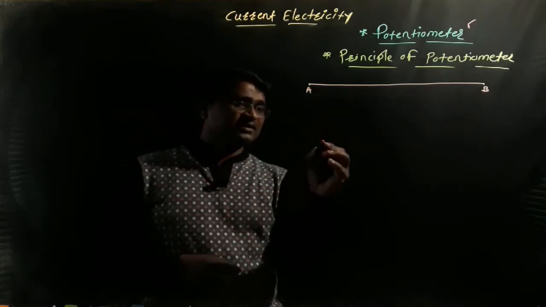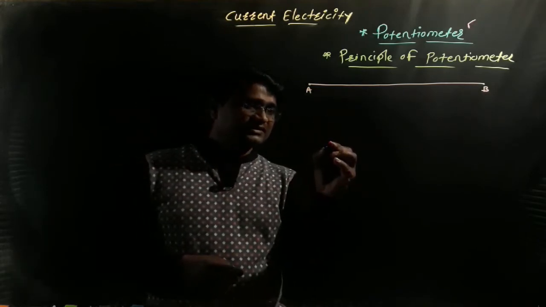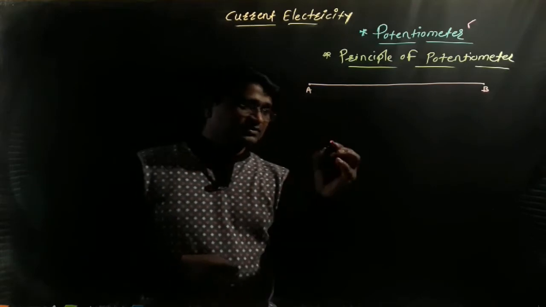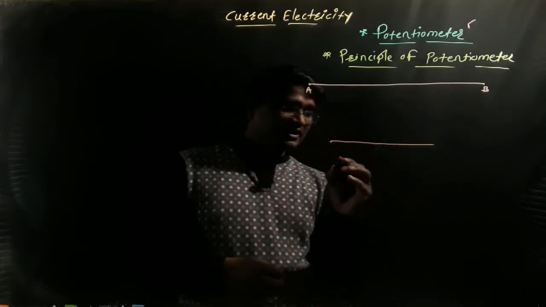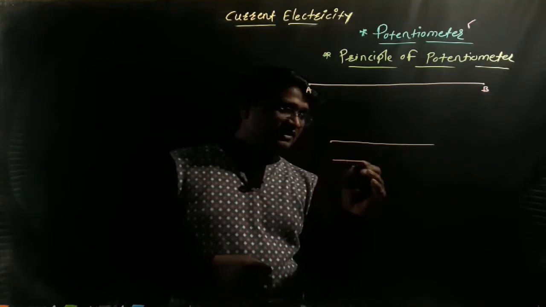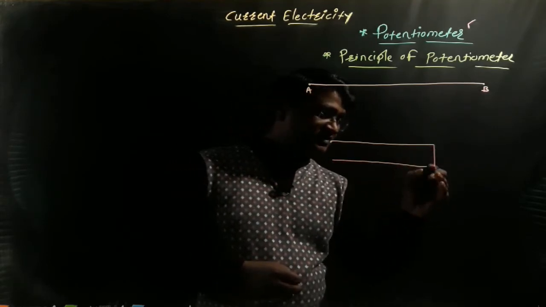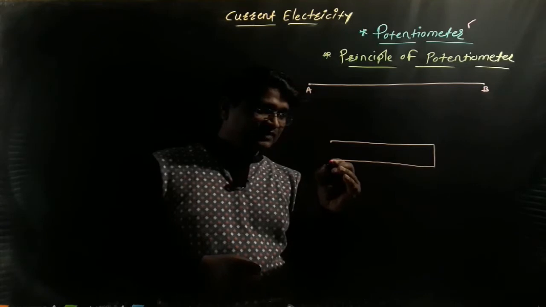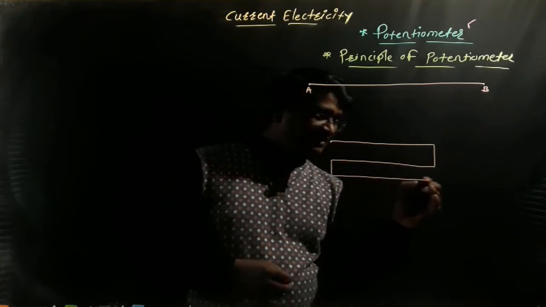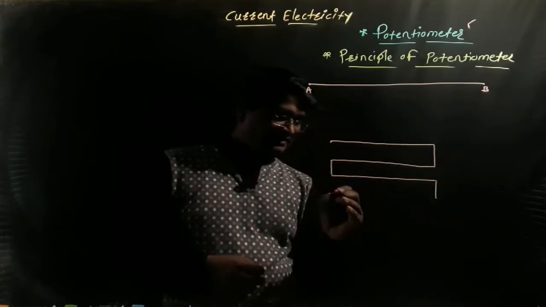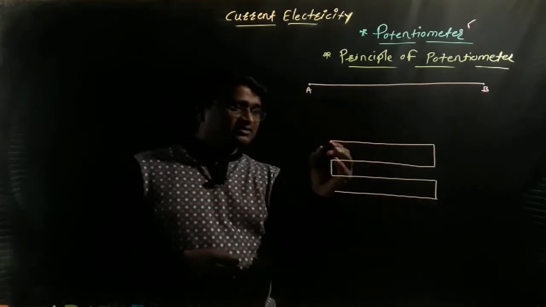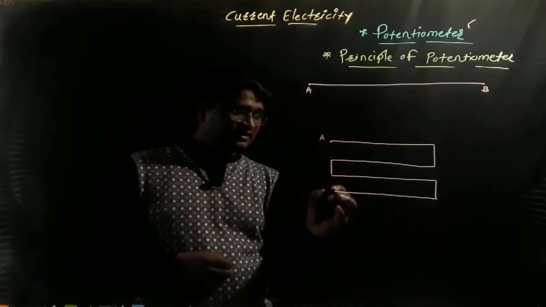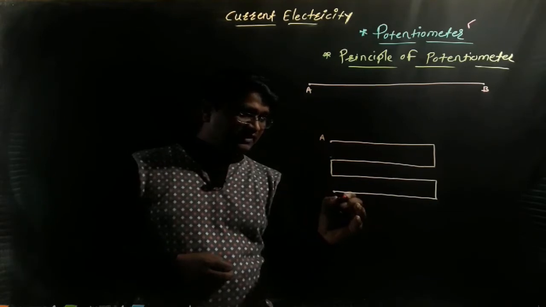So imagine this is our point A, and this very long wire AB is divided into segments like this: first, second, then third, and after that the fourth segment. This is the first point of the wire, A, and this is the second point of the wire, B.